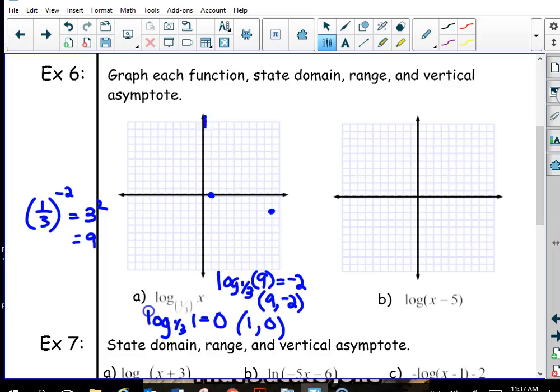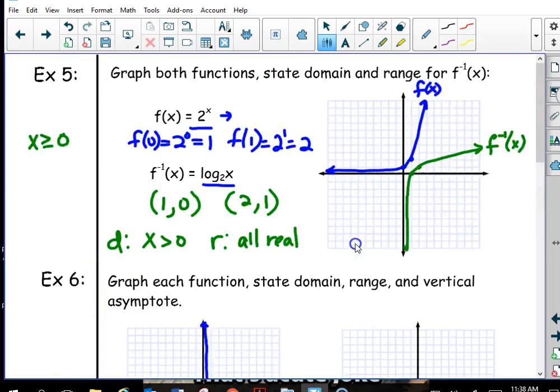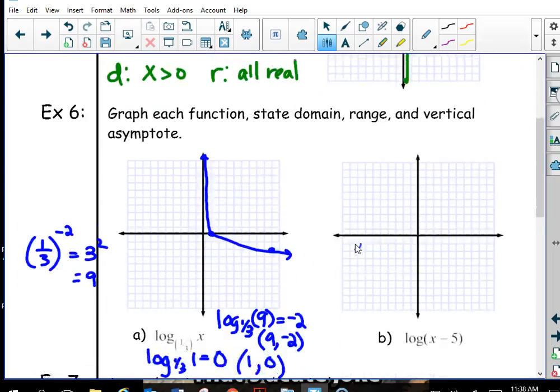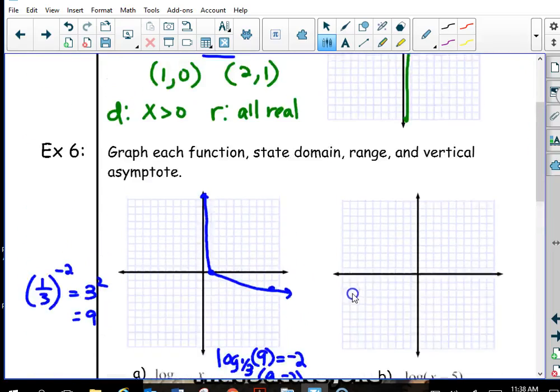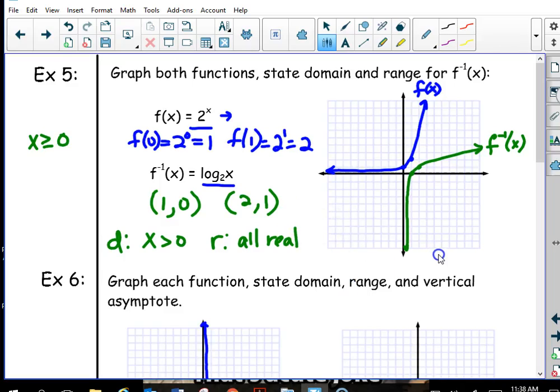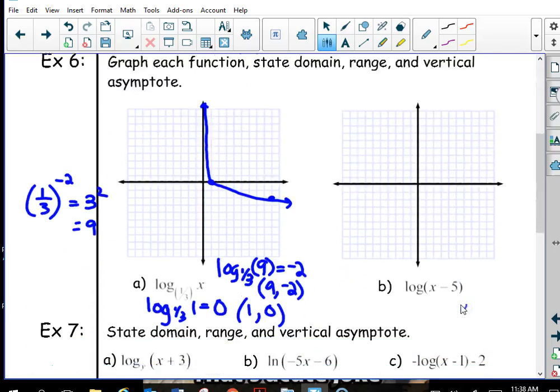So like I said, when our base is between 0 and 1, it flips our logarithmic graph. It looks like a reflection across the x-axis if you compare it to a base like in example 5, where the base is greater than 1.